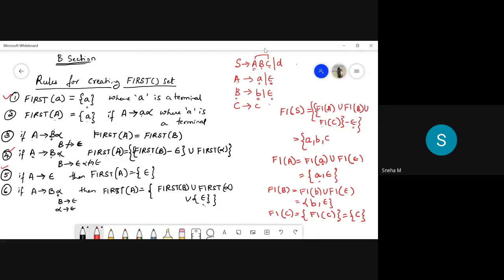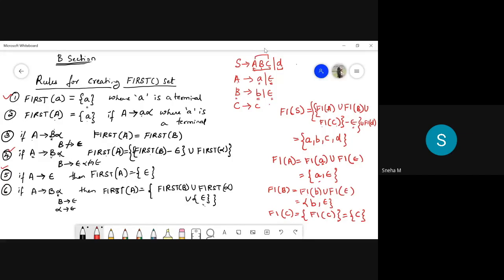Then it is not complete because we have considered only this production. S is deriving D, so here I also have to write first of D, because of this production. So it is d itself. Now it is complete. So the first set of S is a, b, c, d.